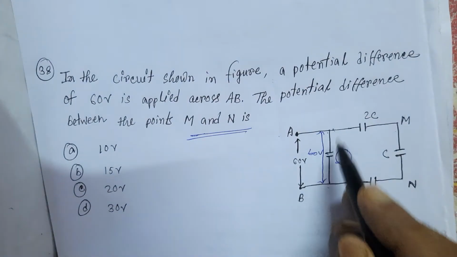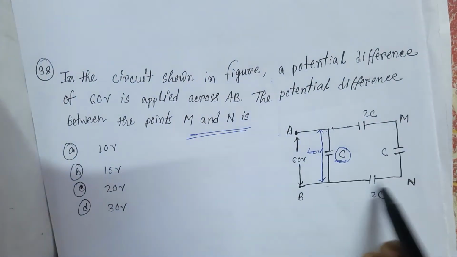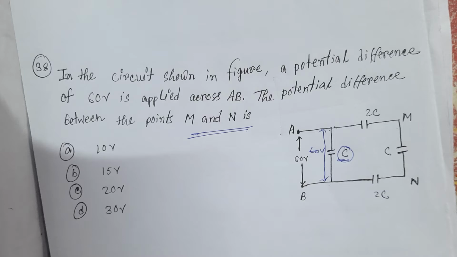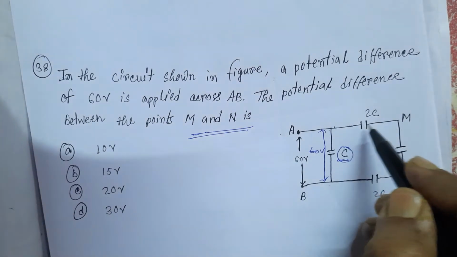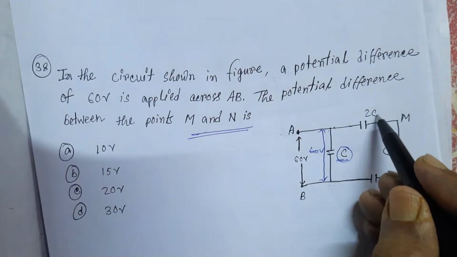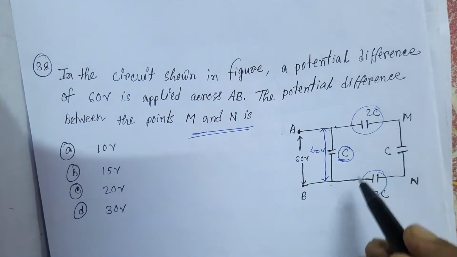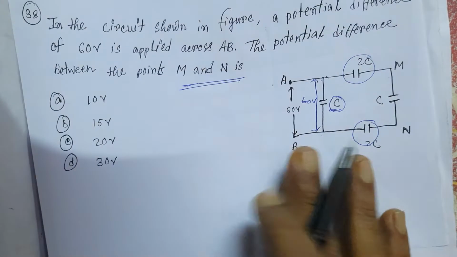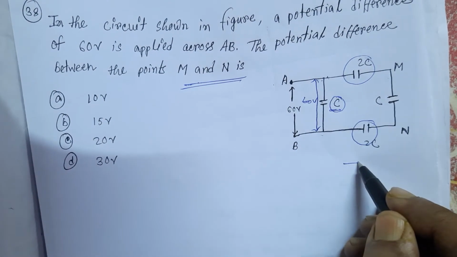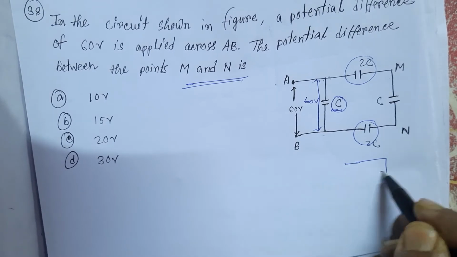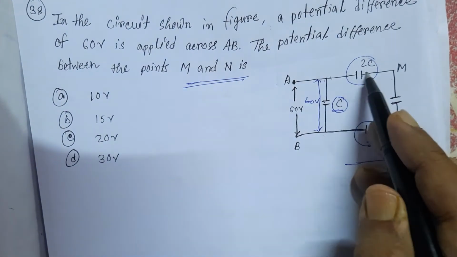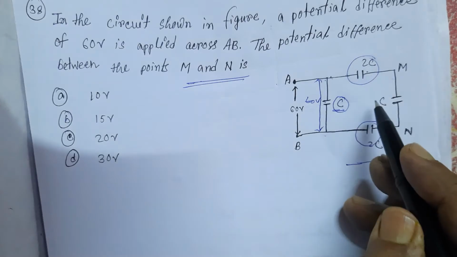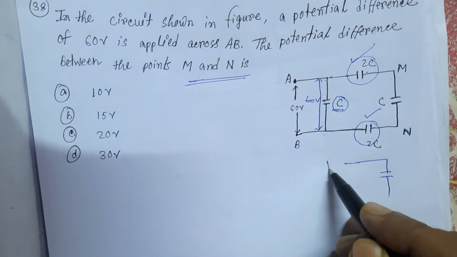Now there are 3 capacitors having total potential difference 60 volt. There are 2C capacitors. They are in series. So we may consider it as there are 2 capacitors. One of them is C and another is the series combination of 2C. 2C capacitors give you another C.